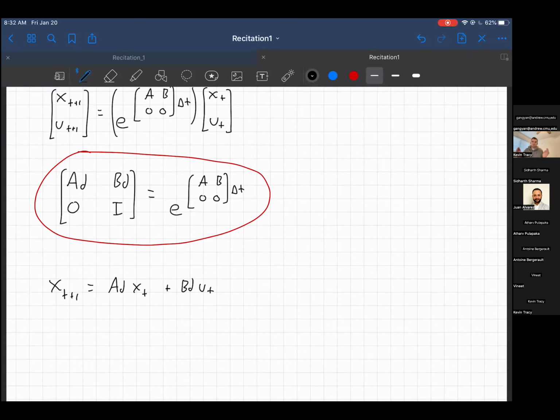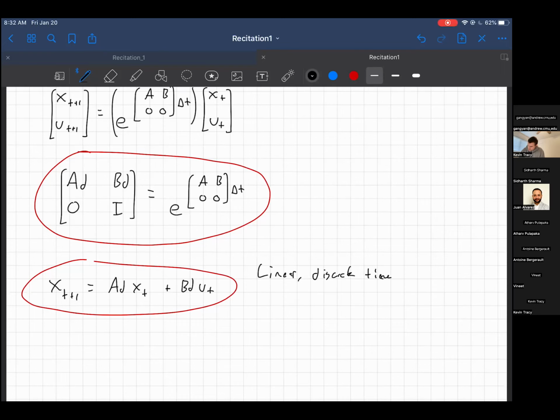I can always just convert from linear to discrete, just like that, using the matrix exponential, and boom, it's super easy. This is linear discrete time dynamics.